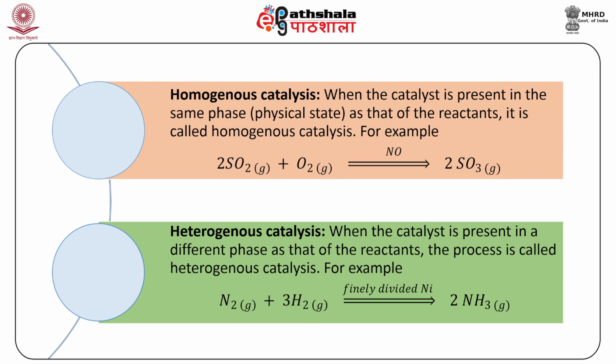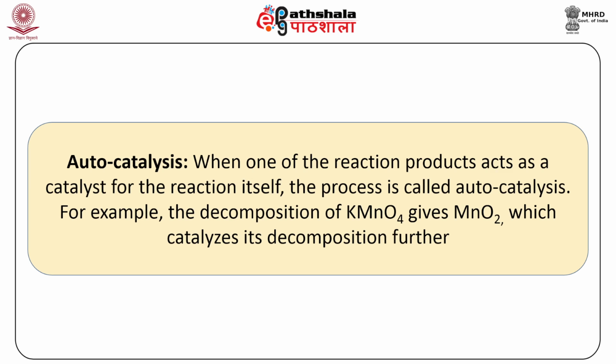For example, we have the Haber process occurring in the presence of finely divided nickel to give ammonia. C. Autocatalysis. When one of the reaction products acts as a catalyst for the reaction itself, the process is called autocatalysis. For example, the decomposition of KMnO4 gives MnO2, which catalyzes its decomposition further.